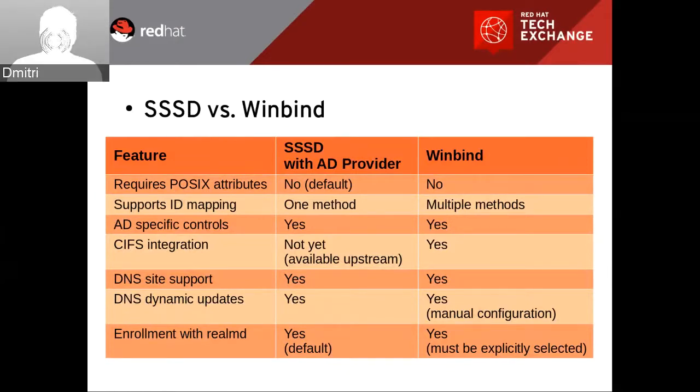Now with RHEL 7, a feature that has been added is DNS site support. SSSD understands DNS sites and can do dynamic DNS updates, and it does it better than Winbind. realmd by default configures SSSD, but if you want Winbind, you can explicitly request it on the command line.